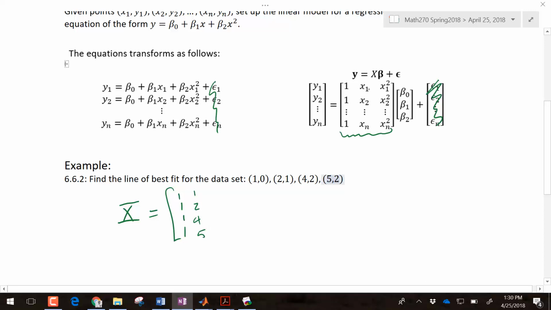And then the coefficients of beta 2 are going to be squares of each of those x values, so 1, 4, 16, and 25. That's our design matrix. We have our parameter vector beta 0, beta 1, beta 2, and then our observed y values 0, 1, 2, and 2.